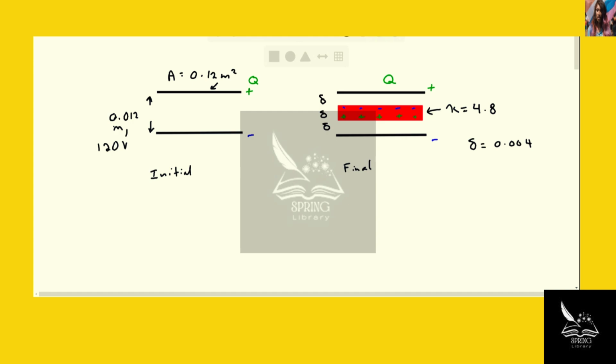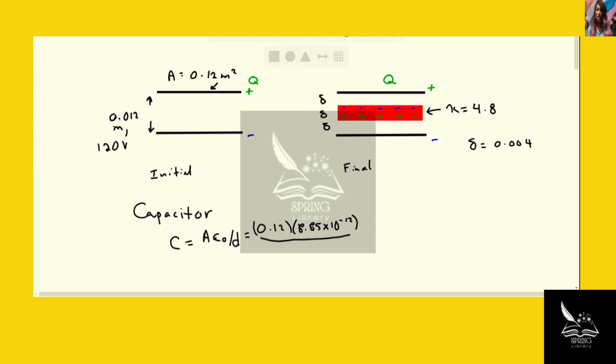So we're going to start with our initial condition and look at some capacitor relationships. We know that the capacitance is equal to the area times the permittivity of free space over the separation. That is a geometric calculation that we can do. We want to use the permittivity of free space in there, a well-known constant.